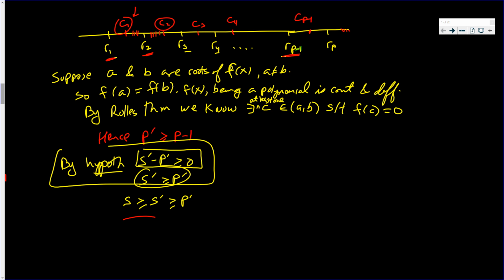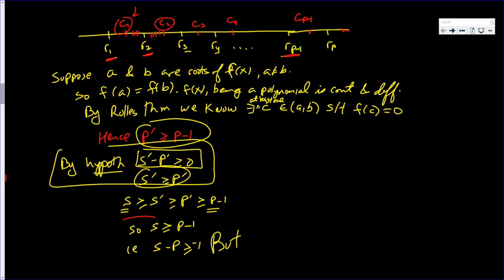But P prime is greater than or equal to P minus 1. We said that right here. Okay, so S is bigger than or equal to P minus 1. That is, S minus P is at least negative 1.